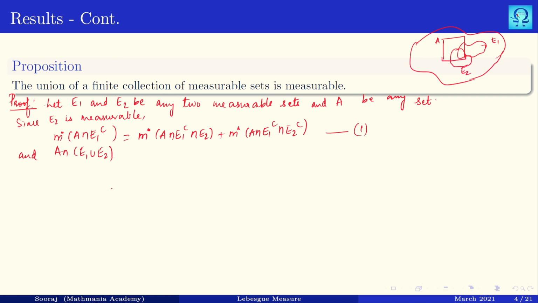So here, first of all, what should I do? I'll have to find E1 union E2, and I'll have to make intersection with A. So only this portion I would get, am I right? Only this portion I'm going to get. This is my resultant requirement. Next, what should I do?